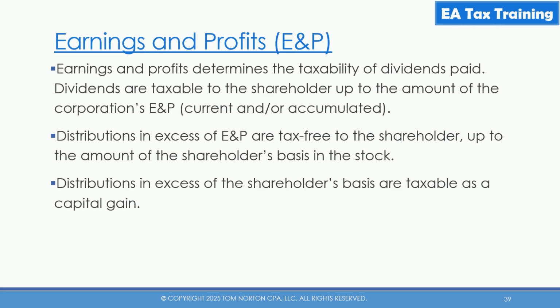But that extra $5,000 above and beyond your basis, that is capital gain. So it's the same idea here. You got all your basis back. They kept distributing money. That is capital gain. The only difference here is if you sell your stock in the stock market, you don't own the stock anymore. Here, it may be that you do still own the stock depending on the circumstances, but it is the same idea.